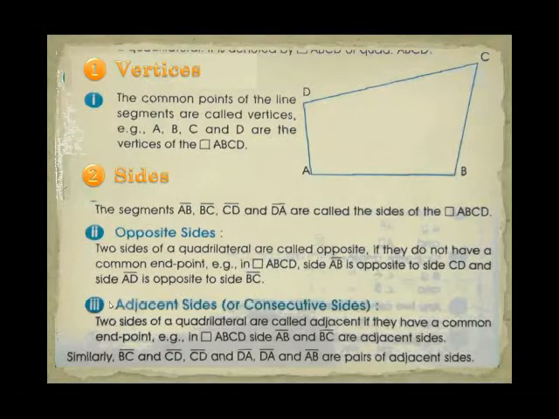Now the second thing is adjacent sides or consecutive sides. What are the adjacent sides or the consecutive sides of a quadrilateral? Two sides of a quadrilateral are called adjacent if they have a common endpoint.